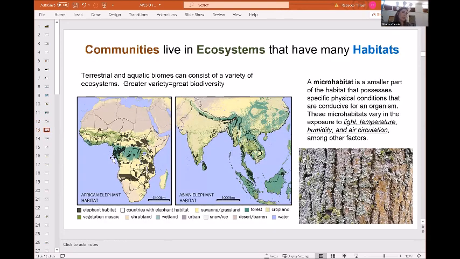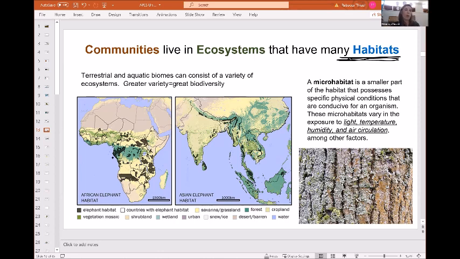Okay, so let's shift our conversation away from these abiotic factors and talk about how biome distribution really affects the types of communities and ecosystems that can exist there. Remember, communities and ecosystems are also different levels in the levels of organization. And what we're going to find out later is that these ecosystems can be made of multiple different types of habitats.